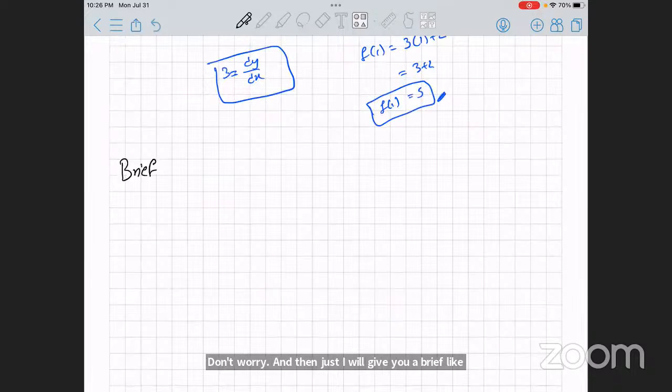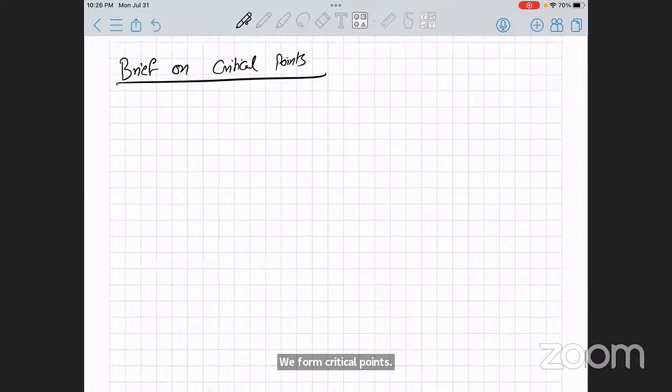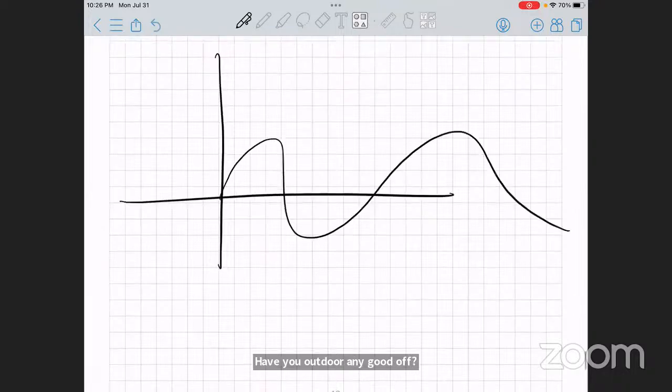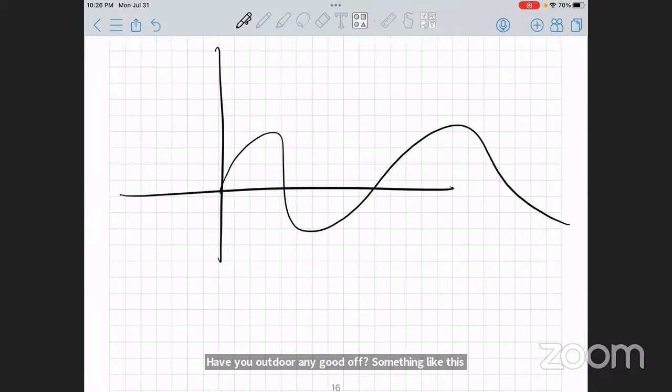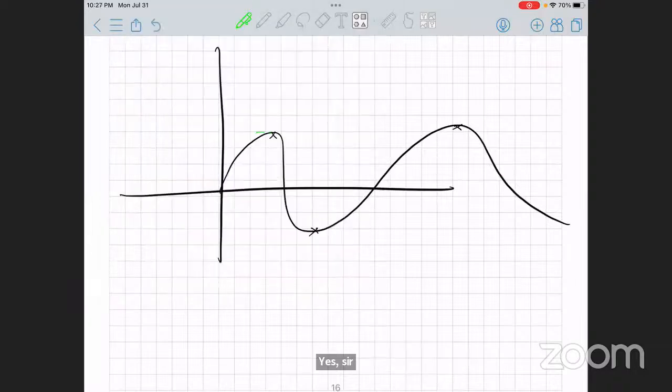Then I will give you a brief on critical points. Have you observed any graph, something like this? When you see the top or bottommost point, the one thing you observe in common is that when you draw a tangent, the slope is 0. It is horizontal.